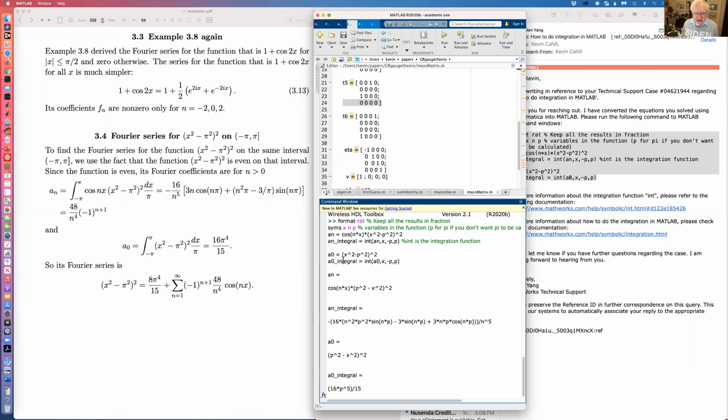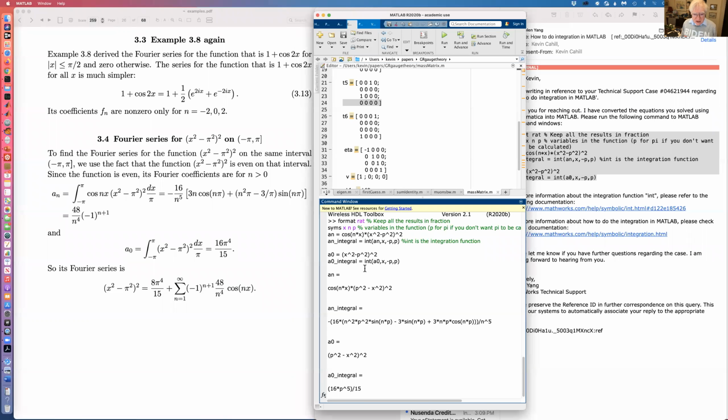So the an is this, and the an integral is that, and that in fact is the answer. That's what I got over here. And then A0 is the other case. One of the things I don't like about real Fourier series, as opposed to complex Fourier series, is that you've got three different formulas, whereas for complex Fourier series, you've got one formula.